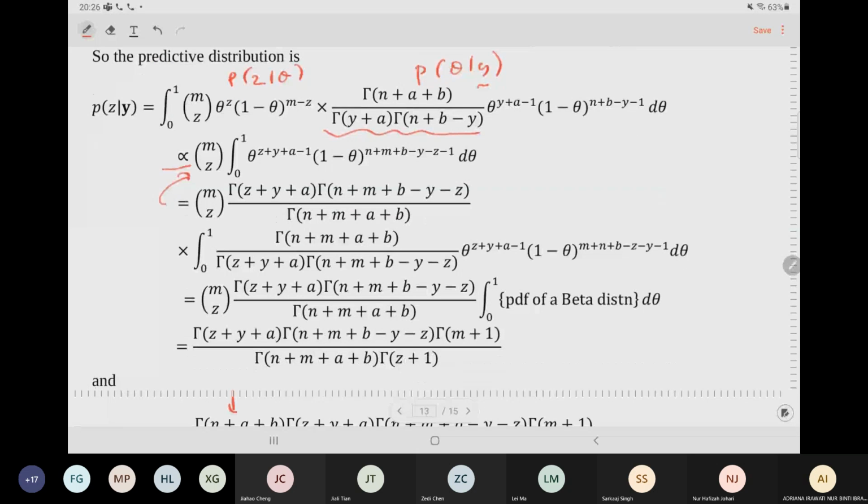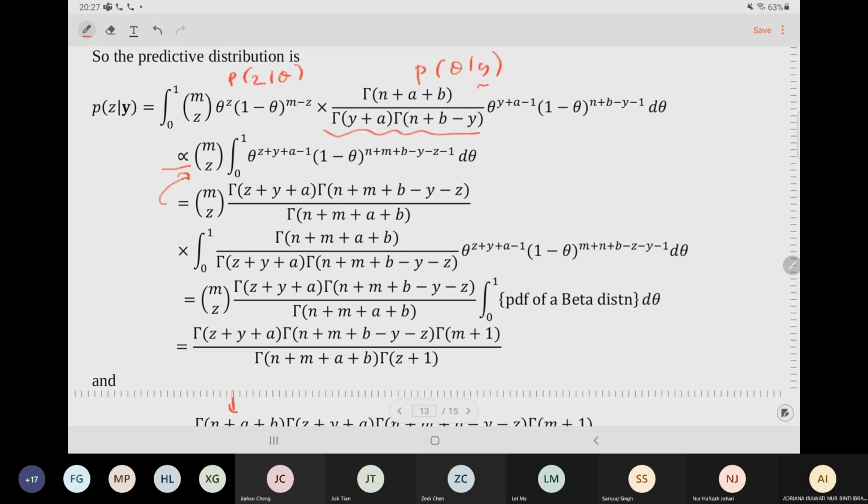This is going to be a technique in Bayesian, or maybe even in the usual probability: you have to recognize the kernel. To get it to integrate to one, you must make sure that it's actually a proper PDF of a distribution, because a PDF will always integrate to one.